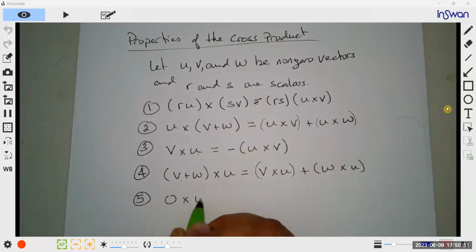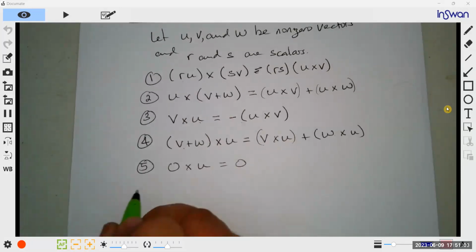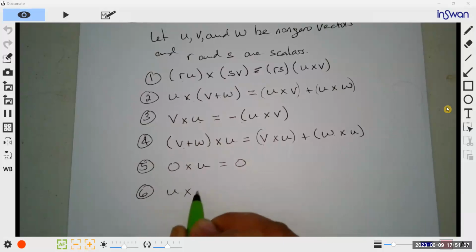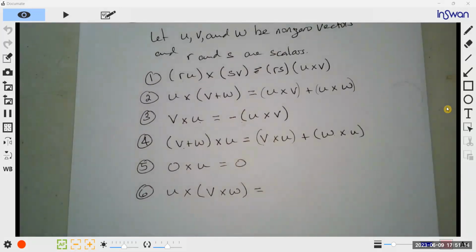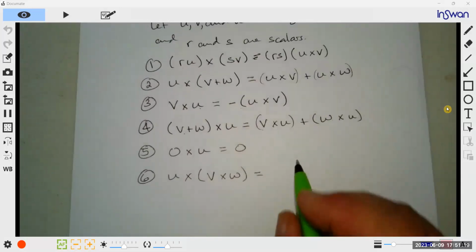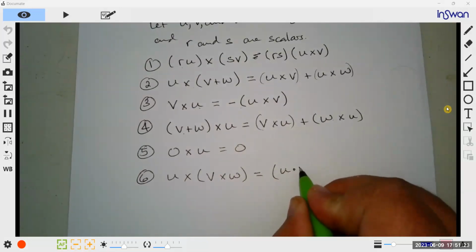Zero cross any vector is zero. Remember, it's a product. So the magnitude of zero is zero times anything else becomes zero. U cross (v cross w). Now, when we take the cross of a cross, we now have a dot product.